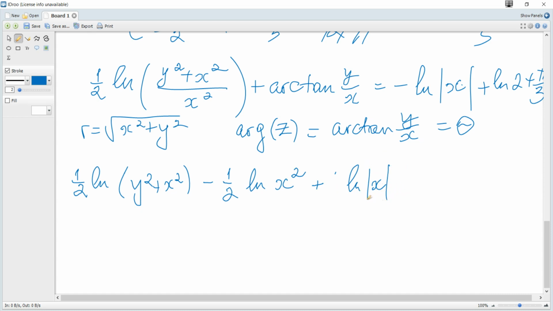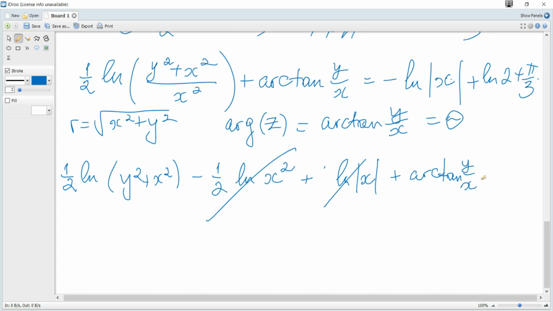Anyway, these two terms cancel. So plus arctangent y over x is ln 2 plus pi over 3.